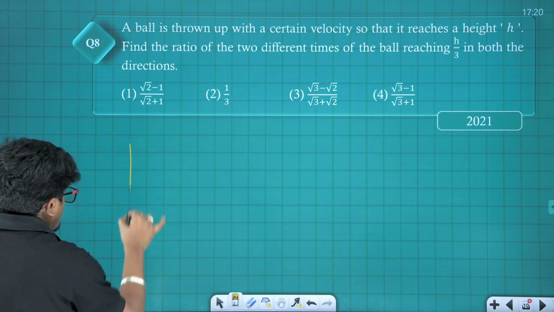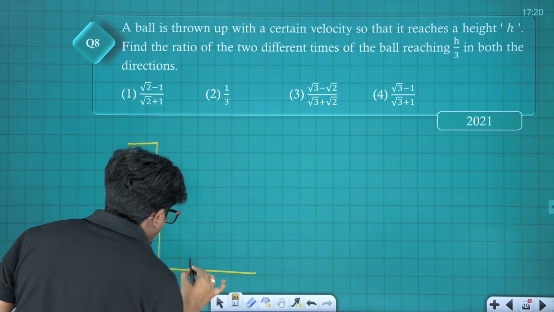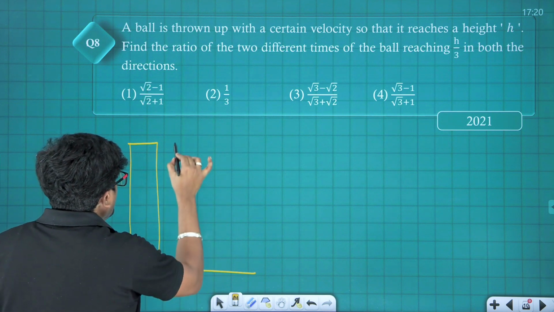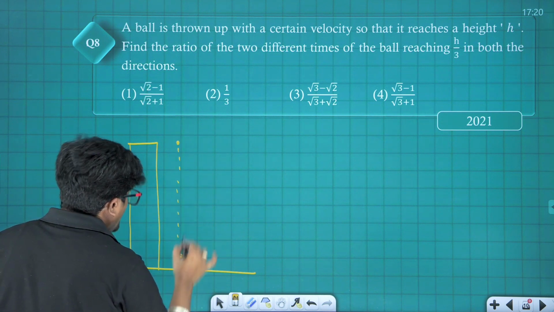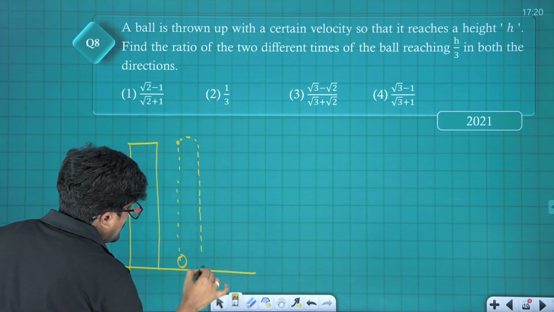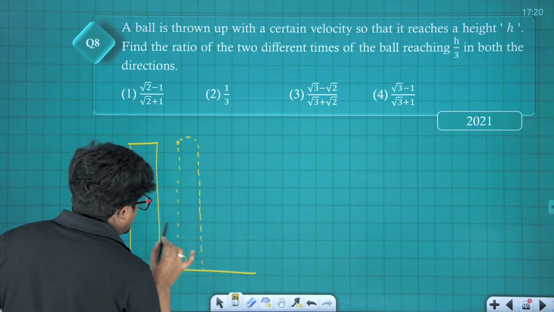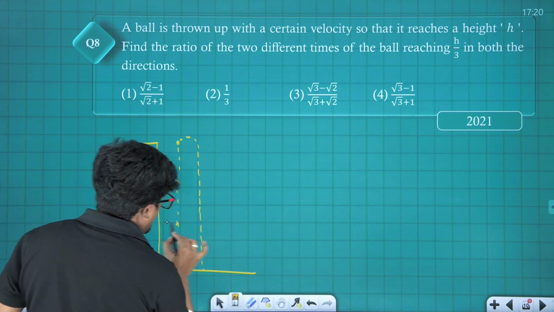So here the ball is, here the building is, which is at a height of h, I can say. Now let me throw a ball which is reaching the same height. I'm considering it like this. Now let this be h by 3. So let this be the height.